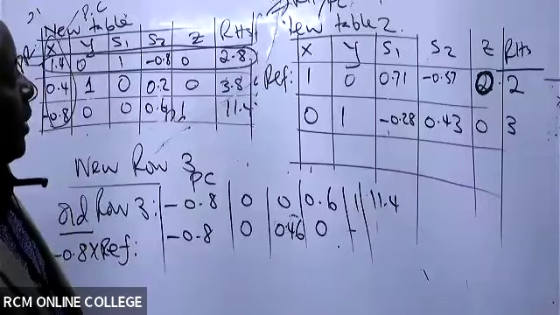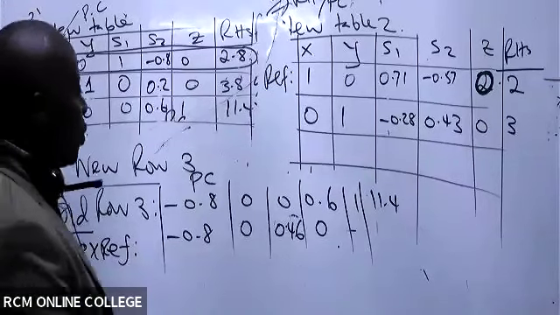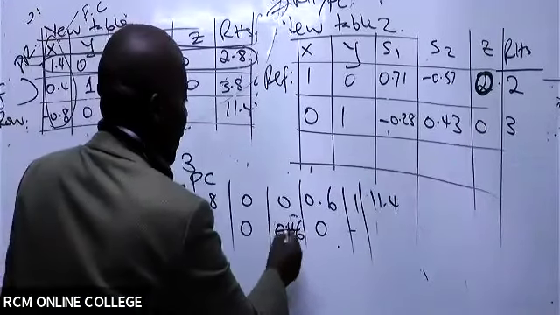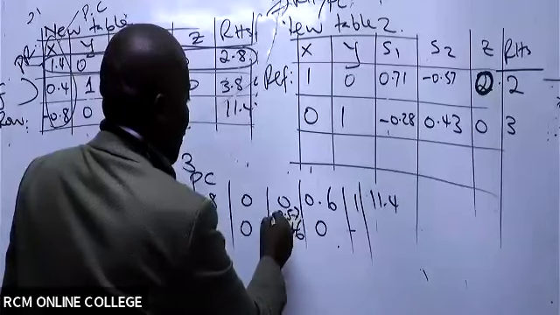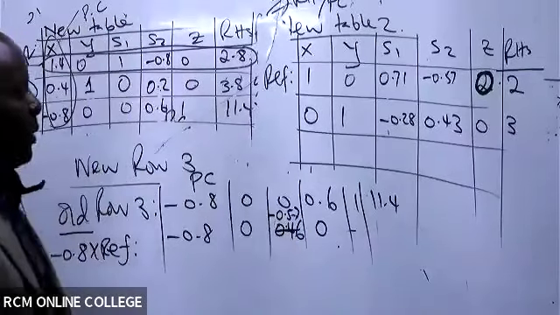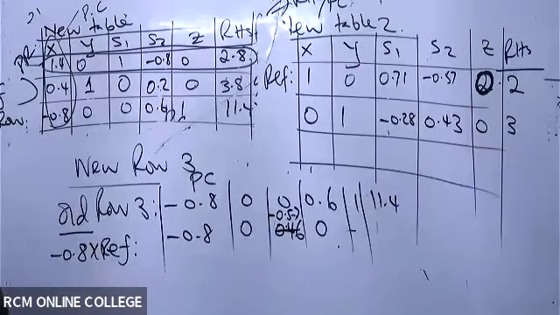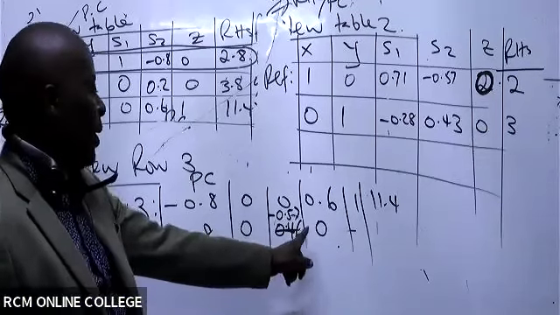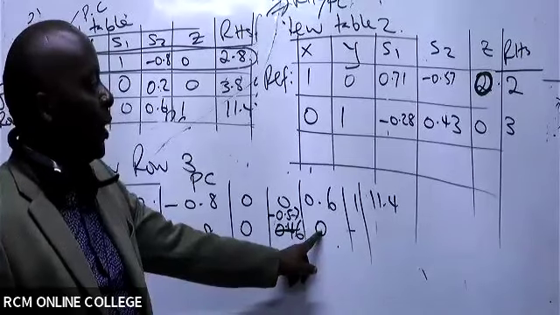S1. I'm told S1 is supposed to be 0.57. Is that correct for S1 now? Yes. And then here we have, I hope, 0.